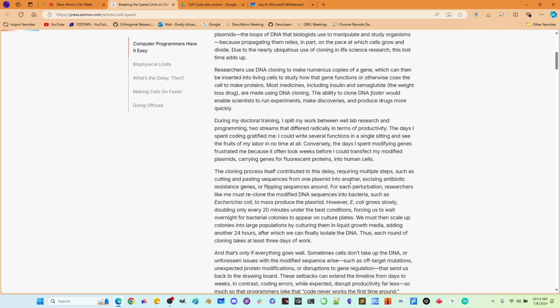And so they talk a lot about cloning here. The cloning process itself contributed to a delay in doing the things that we want to do, requiring multiple steps such as cutting and pasting sequences from one plasmid into another, excising antibiotic resistance genes, or flipping sequences around.